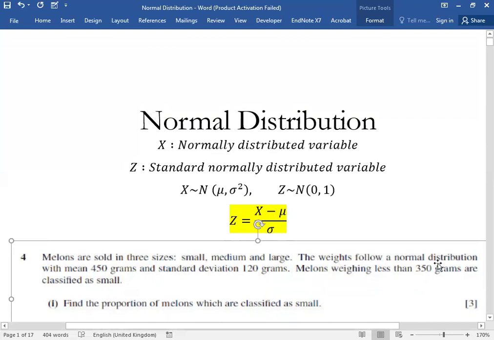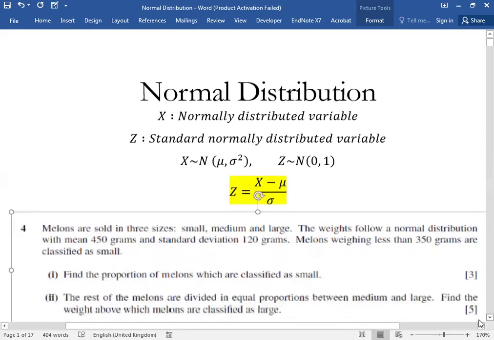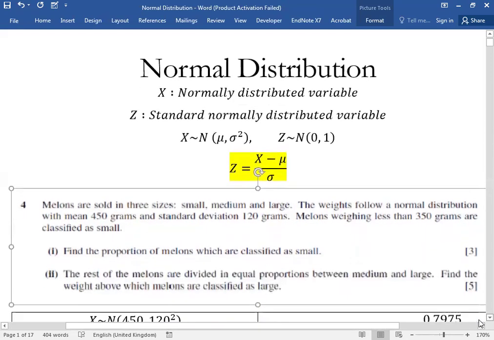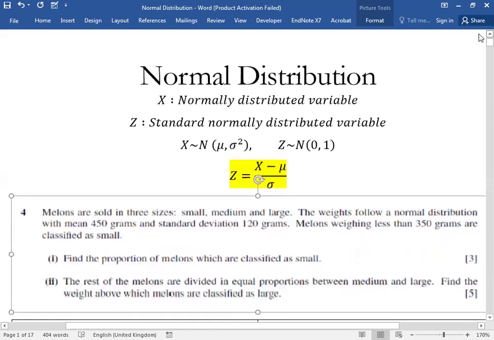The weights follow a normal distribution, that means the weights are a continuous variable with mean 450 grams and standard deviation 120. Write this as notation. What variable will you give to weights? Name it yourself if the question didn't give one. Say W. Capital W is right, isn't it? W is normally distributed. Mean is 450, 120 squared.